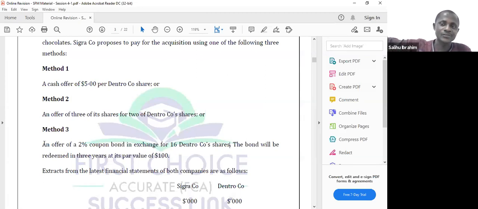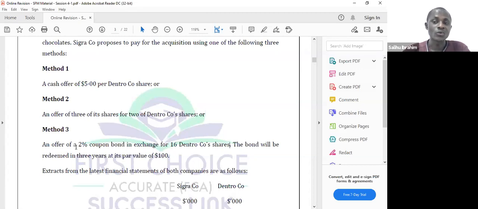I need to discount the interest of the bond and also discount the redemption value, right? And for me to discount interest and redemption value, I need to know the cost of bond. True or false? Let me take it again so that you understand what I'm saying.